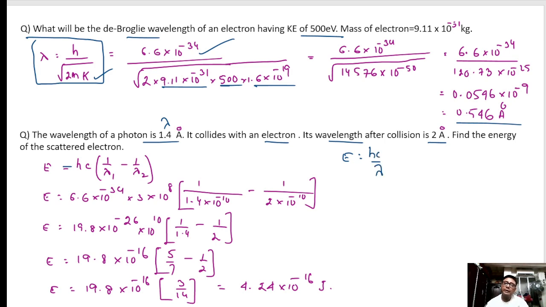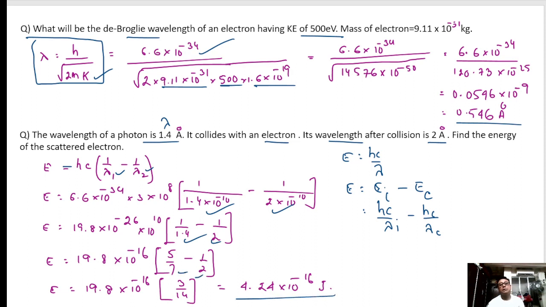So the energy lost will be incident energy minus energy after collision: hc by lambda incident minus hc by lambda after collision. Here lambda 1 is before collision and lambda 2 is after collision. Using the values, we calculate that this is the energy dissipated by the electron.